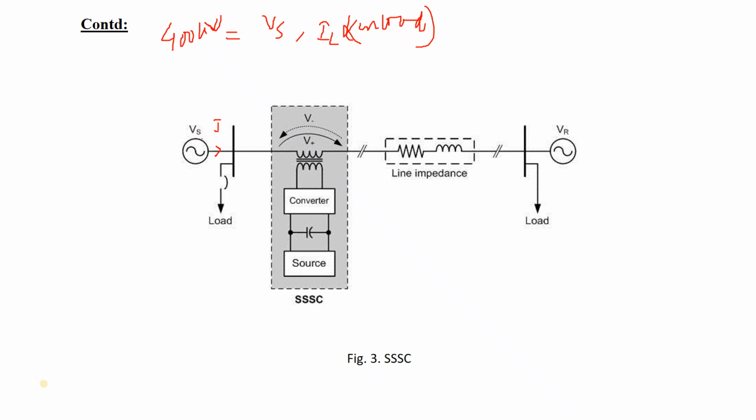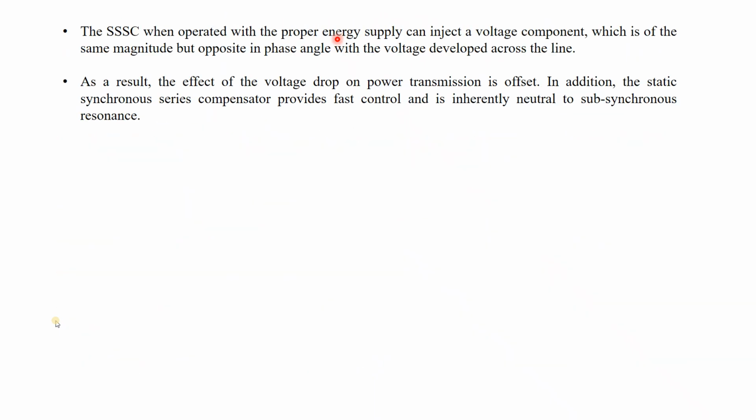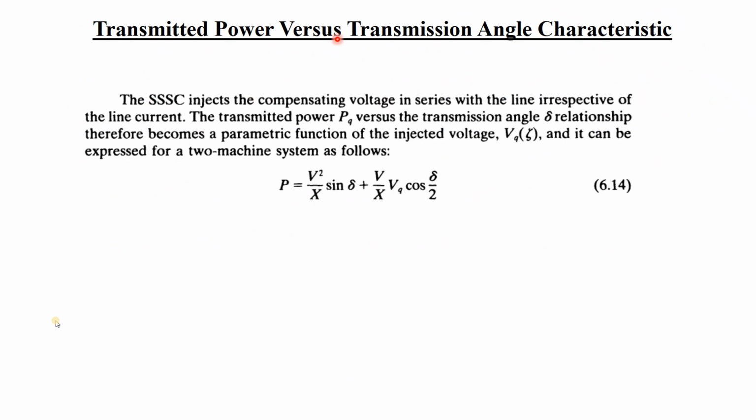So the SSSC will inject the voltage in the system, and it is not dependent upon the current, because whatever the load is, it will always try to inject the voltage irrespective of the current, irrespective of the load. Whatever load is there, it is not a matter for it, it will continue to supply the power and inject the voltage.